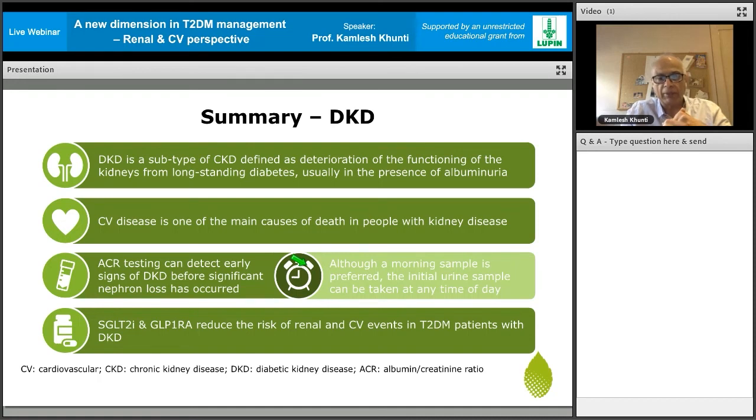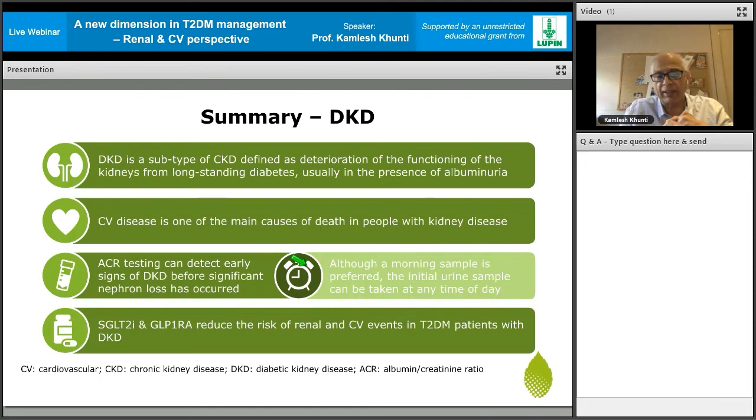Although a morning sample is preferred, the initial sample can be taken at any time, and if we show microalbuminuria, then we would do that again with an early morning sample. But if it's macroalbuminuria, you can take that as read unless you're suspecting urinary tract infections.